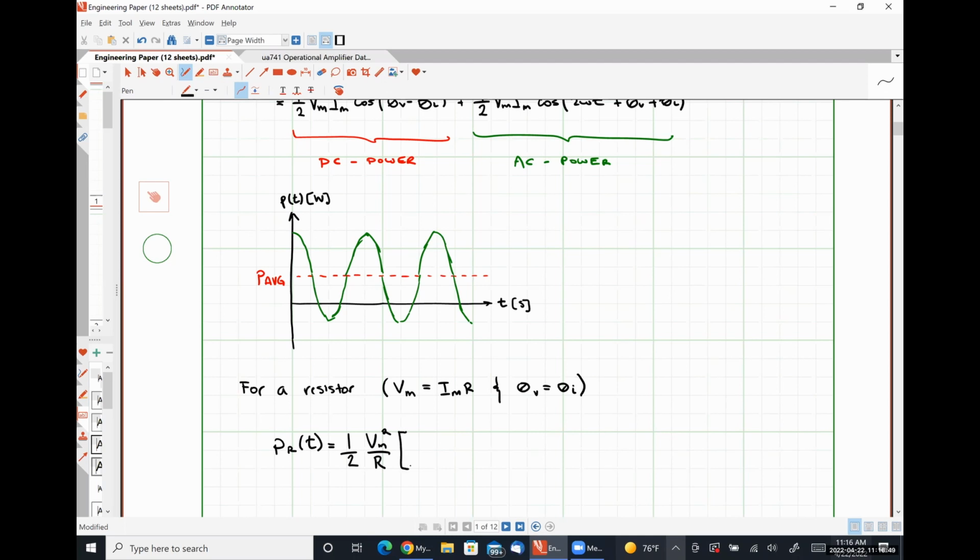So we're going to have a factor of 1 plus, and now we're at this part over here, right? So cosine twice omega t, there's nothing that we can do about that.